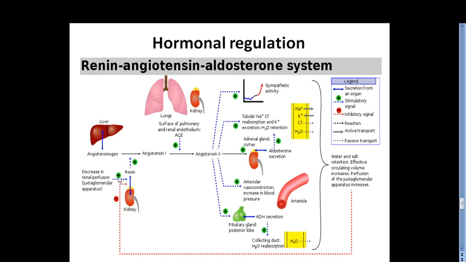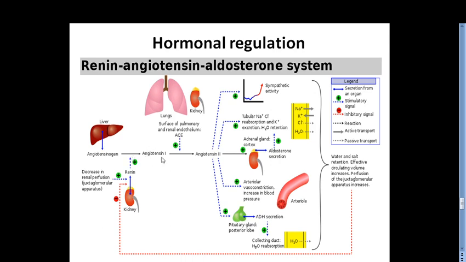That low blood pressure is sensed by the juxtaglomerular apparatus, especially the JG cells. There are baroreceptors in the JG cells also. So the JG cells present in the kidney secrete renin, which is a hormone. It acts on angiotensinogen, which is formed by the liver and present in the blood, and converts it into angiotensin 1.